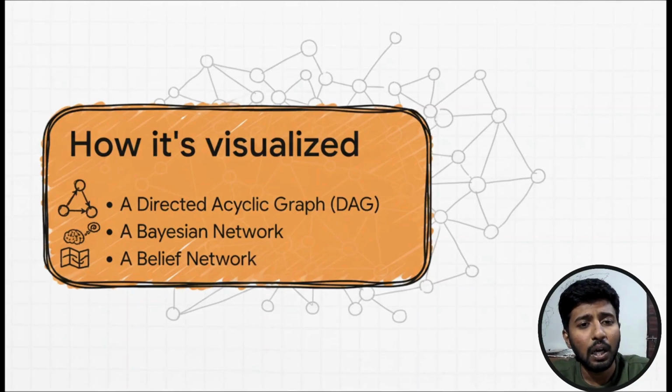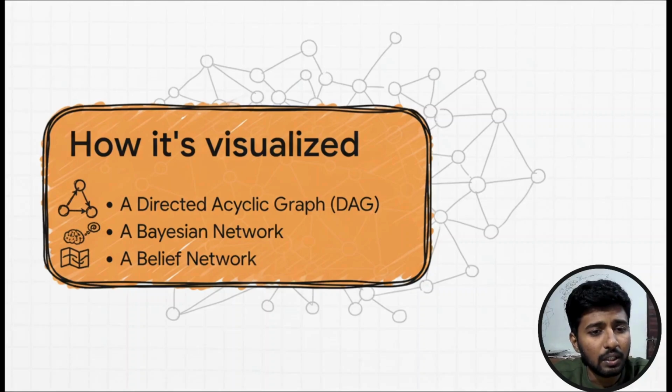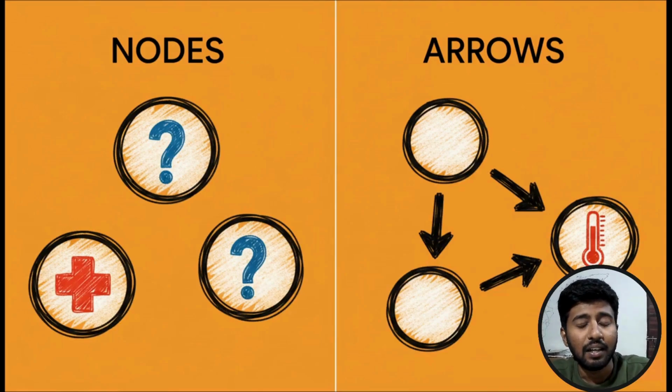Then if we talk about how it is visualized, how the machine understands and calculates the uncertain things, they use a directed acyclic graph, a Bayesian network, or belief network. There are three types of things. Here in this video, we are going to talk about and understand the Bayesian network. So how does a Bayesian network look?